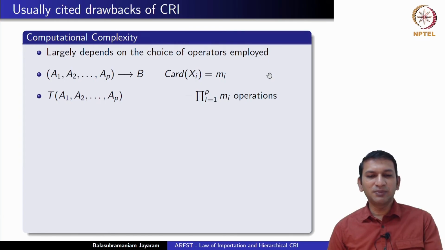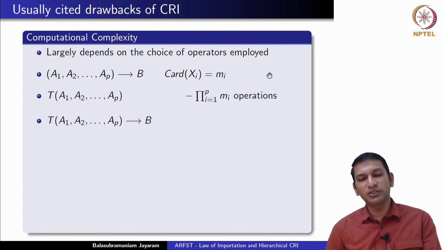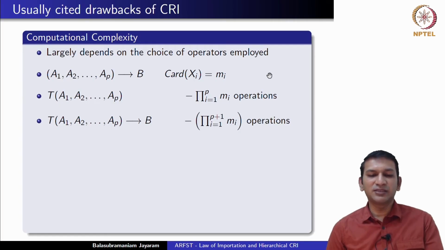So that means we need the product of M1, M2, M3, and so on till MP, so many operations to obtain the matrix itself. This is the antecedent combination. Next, to obtain the relation between these combined antecedents and the consequent, we need another set. So the total number of operations required is the Cartesian product of 1 to p, plus 1 such operations.